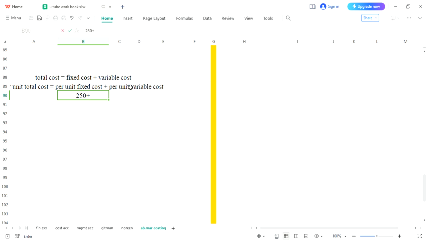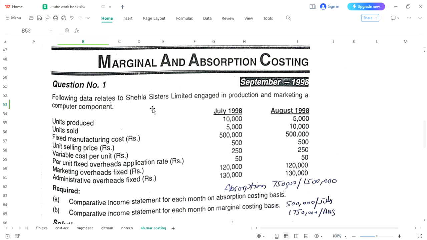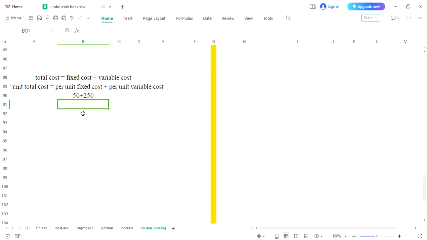Per unit fixed cost was 50, I think. Let's check it again. 250 was variable cost and fixed cost was 50. So now you can calculate 50 plus 250. This is your total per unit cost, 300.